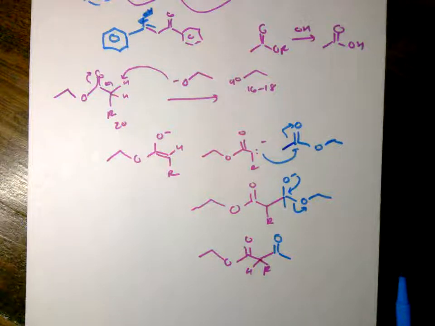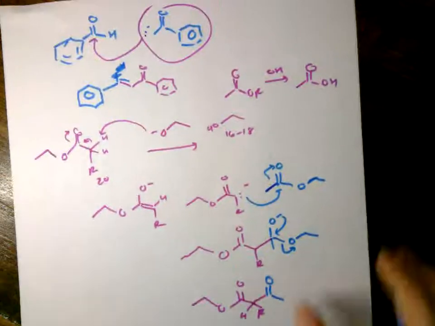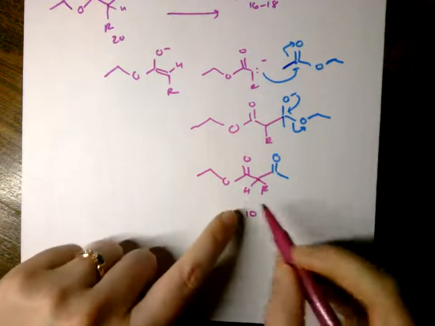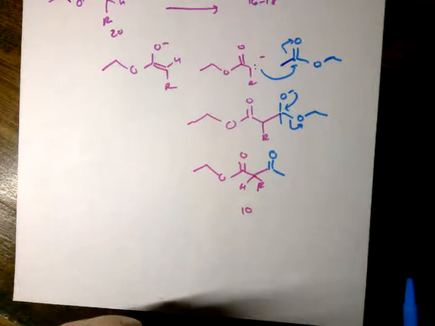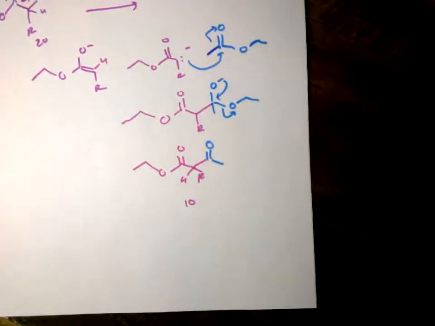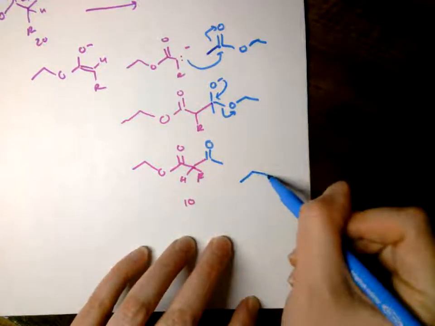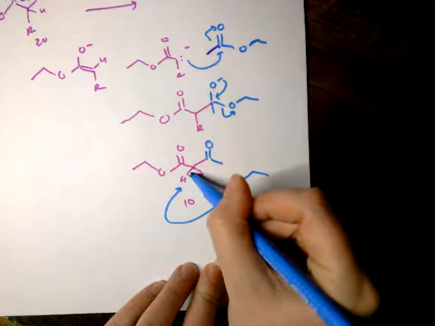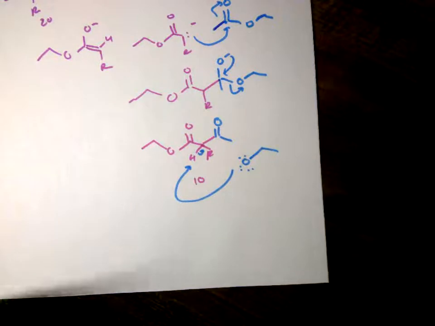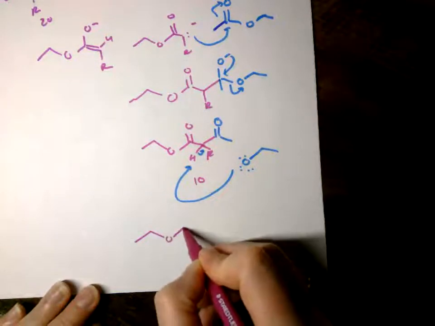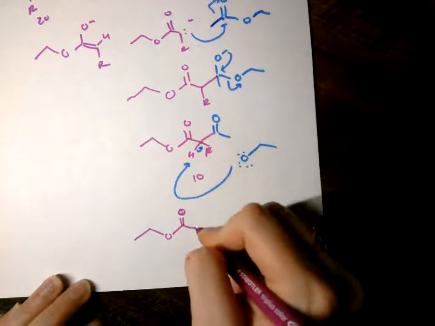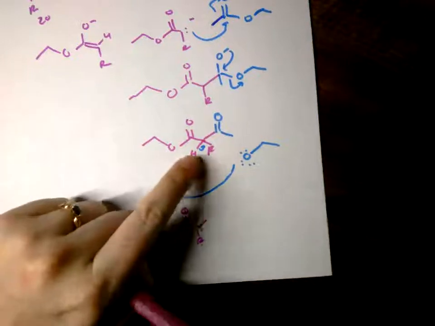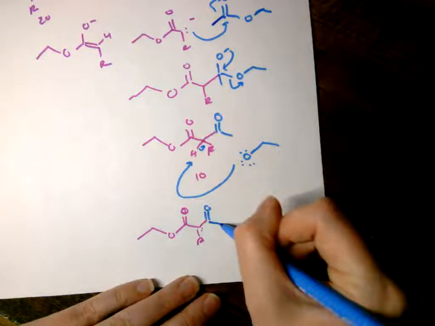But this being able to be deprotonated, we talked about, has a pKa closer to 10 because it's between 2 ketones. So the thing that really drives this reaction forward is that you still have ethoxide in solution, and it will come and deprotonate that hydrogen, and that reaction is favored because this negative is so stabilized that this is more stable.